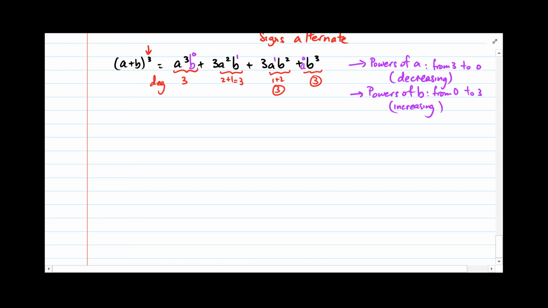So writing it a little bit less cluttered, a plus b, the highest is a cubed, coefficient is 3, the a's are decreasing, so sometimes we'll see people write 3, 2, 1, and nothing.